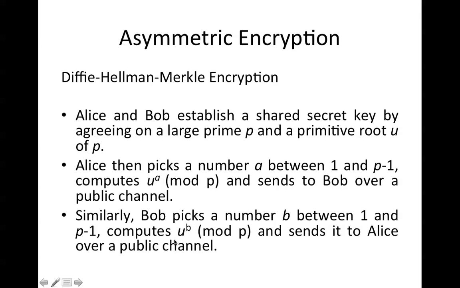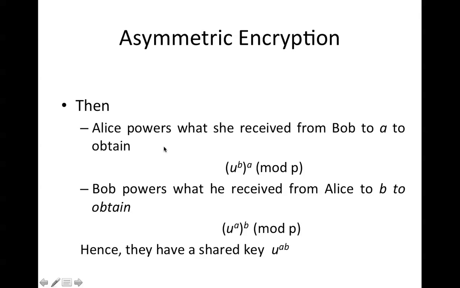So now they have each other's private keys in some unrecognizable form. They don't really have it. They have a piece of it that they could use to create what's called a shared key. And they do that as follows.